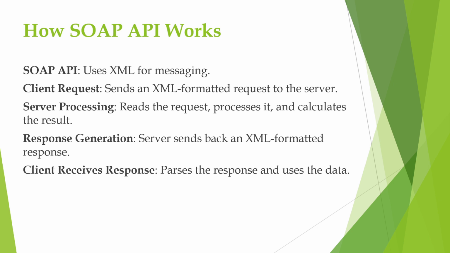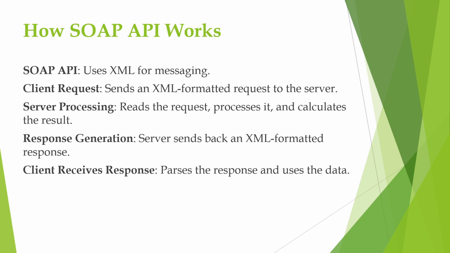The server receives this SOAP request and processes it. It may involve performing some computation or accessing a database or other actions. The server generates the SOAP response and formats it as an XML document. The response contains the results of the action requested by the client.